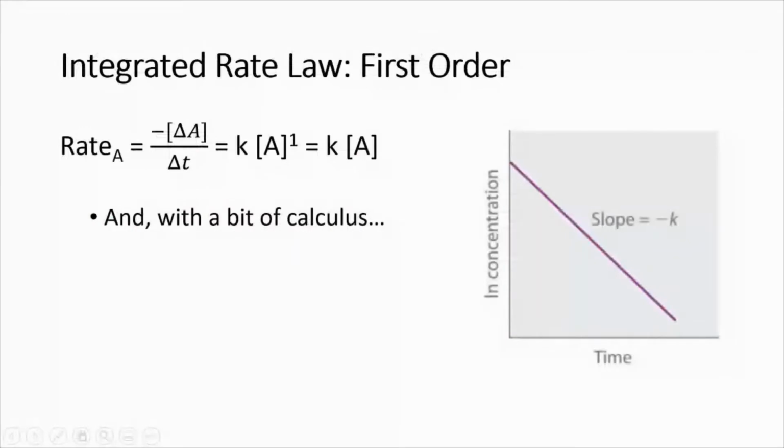So let's look at the integrated rate law for a first order reaction. Again, we're looking at it in terms of reactants because you see here we've got our negative symbol, and rates are always positive.